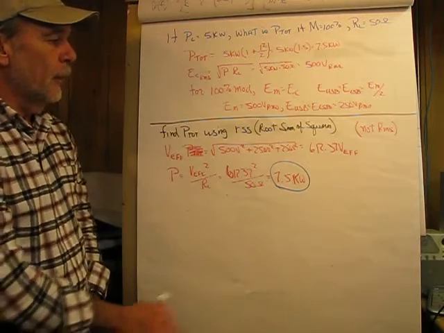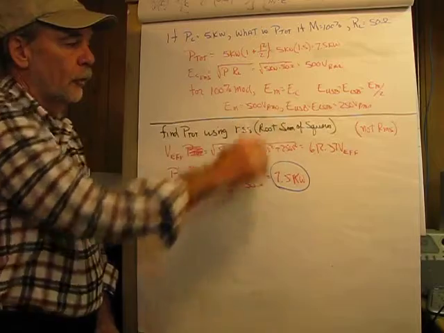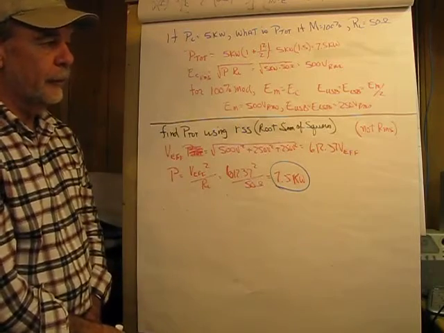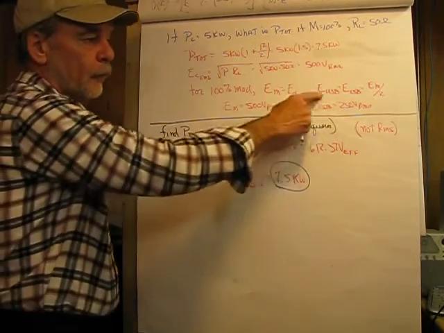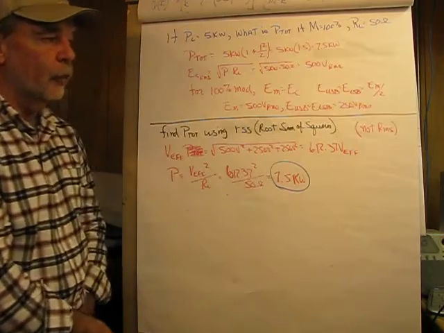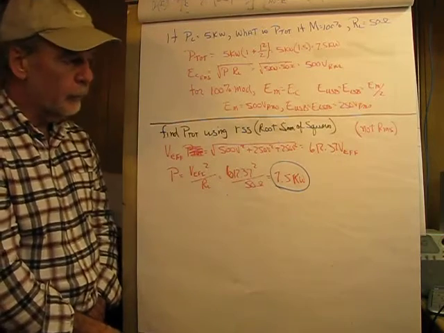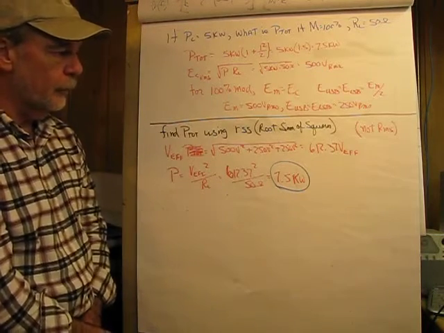For 100% modulation, the modulating voltage is equal to the carrier voltage, and the upper and lower sideband voltages are the same, and they're simply equal to EM divided by 2.